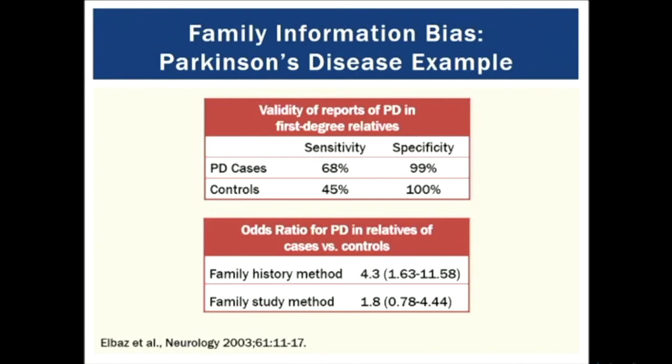And then when they actually evaluated the level of familial aggregation, and this is the odds ratio for Parkinson's disease in the relatives of cases versus the relatives of the controls, they found that if they used the family history method, the disease appeared to be much more familial than if they used the family study method, where they actually went out and examined each person.